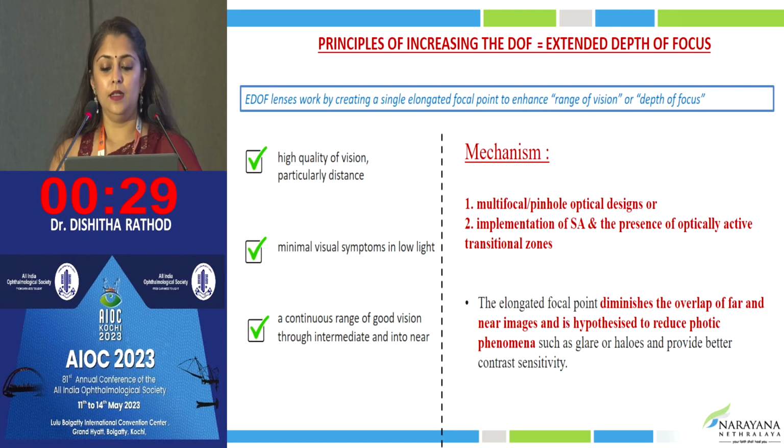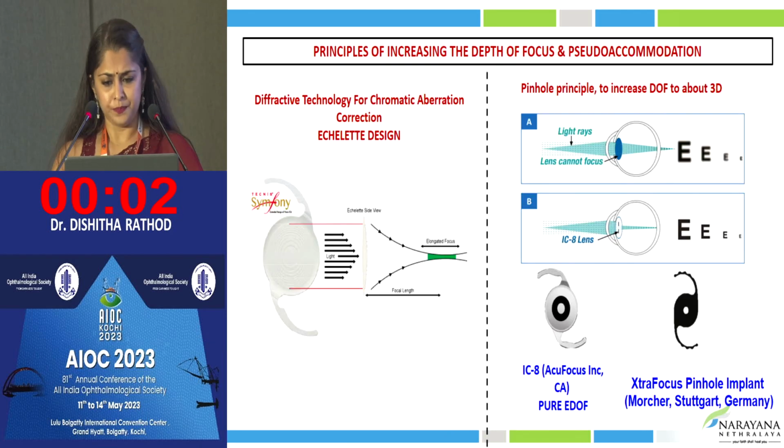While in a monofocal lens there's a single focal point, and in multifocal there are two or three discrete focal points, the extended depth of focus lenses create a single elongated focal point to enhance the depth of focus. This reduces and eliminates the overlapping of near and far images, which reduces the photic phenomena and provides better contrast sensitivity.